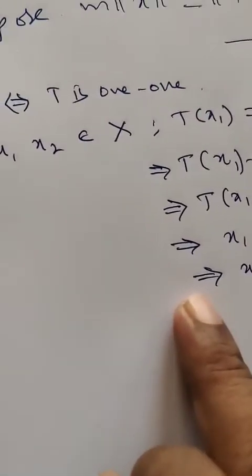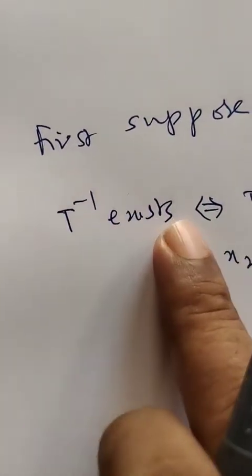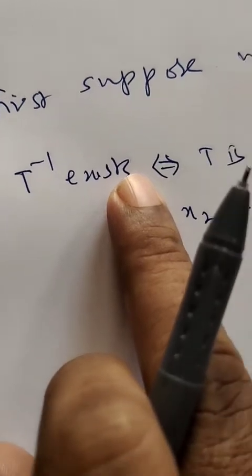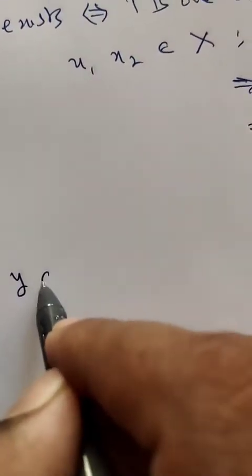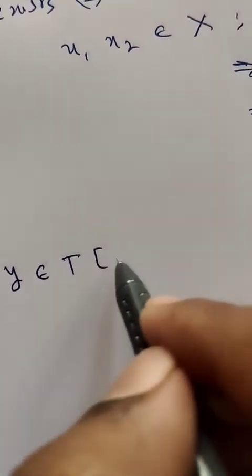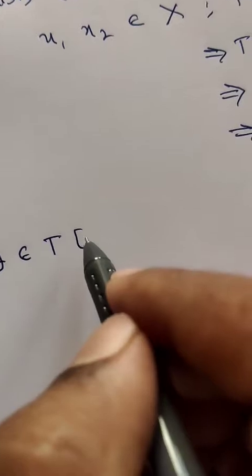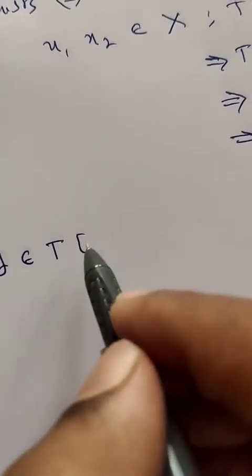Therefore, since the mapping T is 1 to 1, T inverse exists. If T inverse exists, there is a mapping T inverse from the domain T of X to X. So to each y in the domain of T inverse, what is the domain of T inverse?